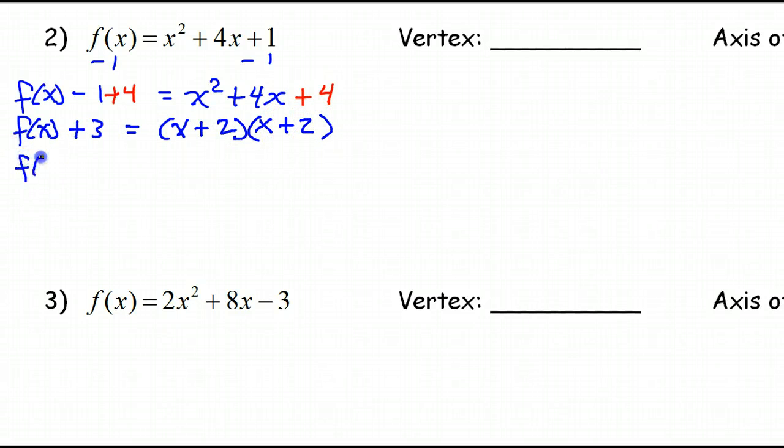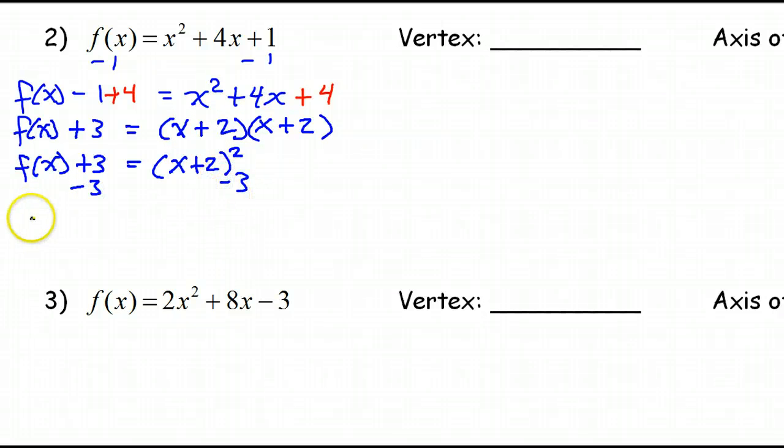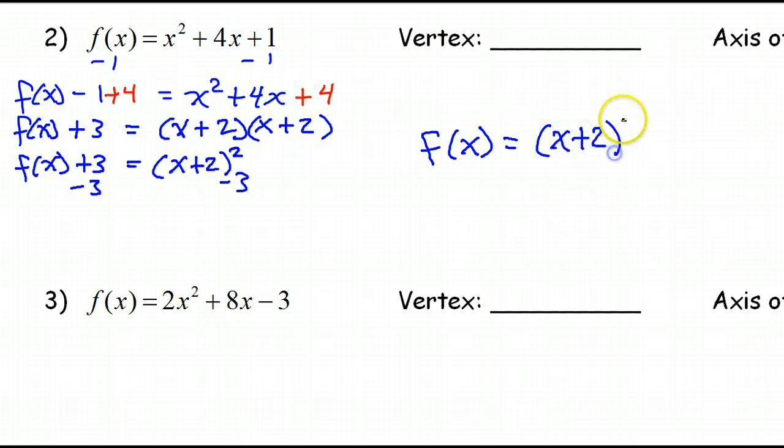In other words, we have f of x plus 3 equals x plus 2 squared, because there's 2 of them. And finally, subtracting the 3 from both sides, and I'll put it over here. It gives me f of x equals x plus 2 squared minus 3.